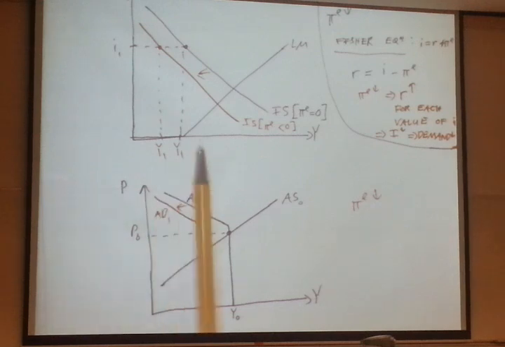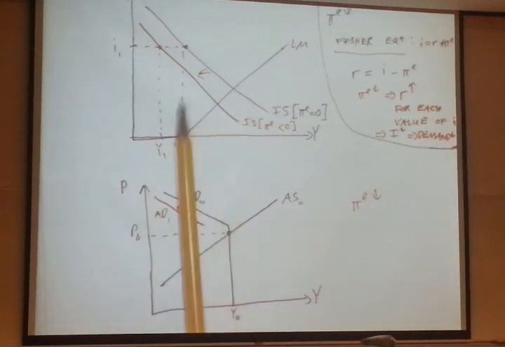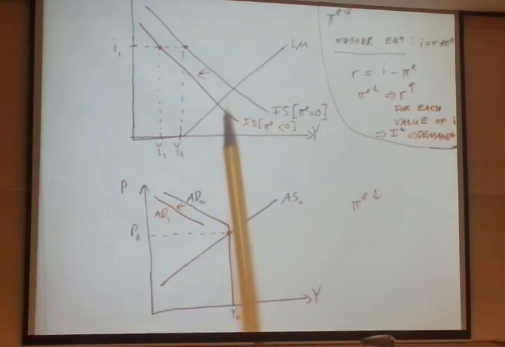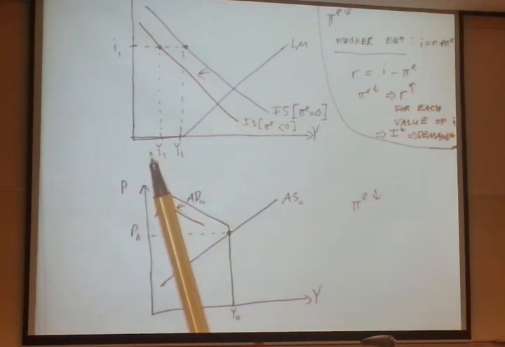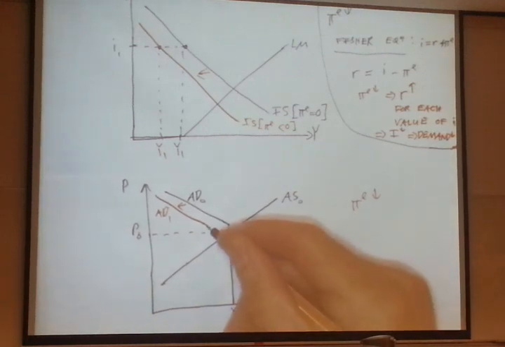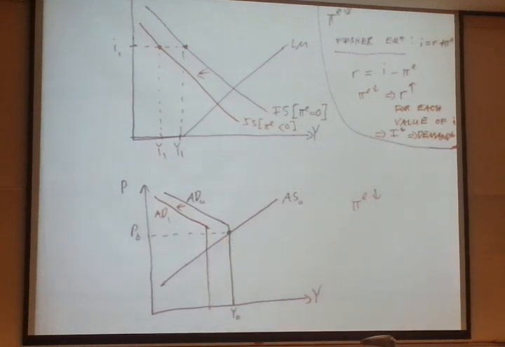The answer is yes, because if you're shifting IS left, it doesn't matter whether you're on the horizontal segment or not. If anything, the effect is larger on the horizontal segment. So if anything, the shift you'll see for aggregate demand is larger than it is for the normal part of the aggregate demand.